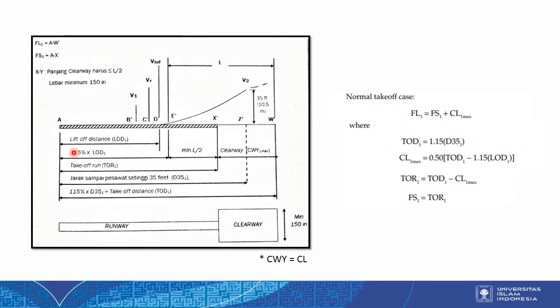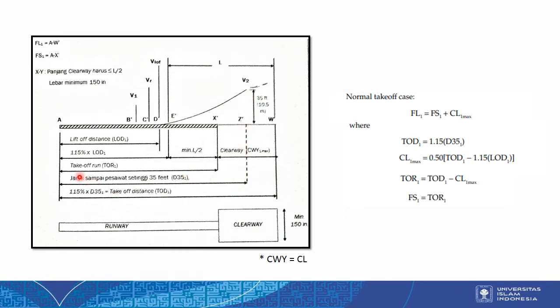How do we calculate it with these equations? The TOR is TOD1 minus CL1 maximum. Then we have the distance when the aircraft is 35 feet from the ground.